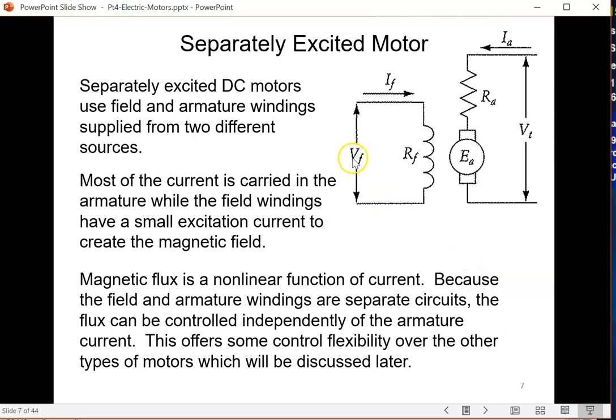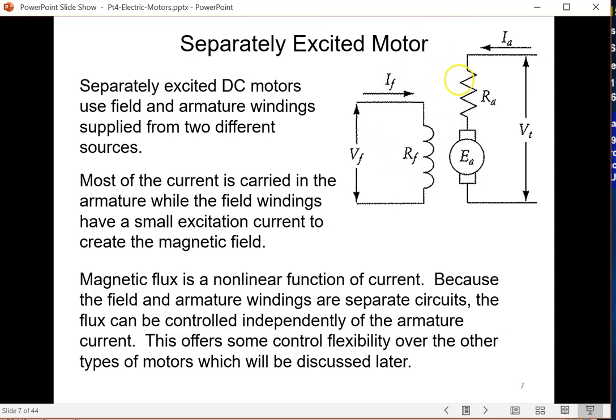A voltage is applied to the field winding, and the current is fairly straightforward because the voltage is a constant DC voltage at different adjustable levels. Therefore, the current simply equals Vf divided by Rf, where Rf is the resistance of the field winding. You produce a current, and that current in turn produces the magnetic field in the motor.